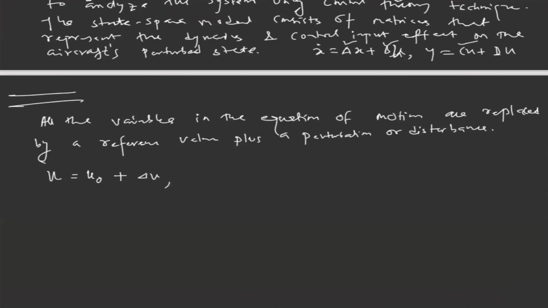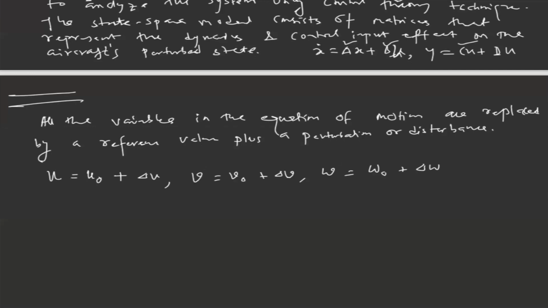And then v equal to v naught plus delta v, and w equal to w naught plus delta w. We have written the equation in terms of u, v, w because in our equation we have disturbance as well as the original product in the equation.